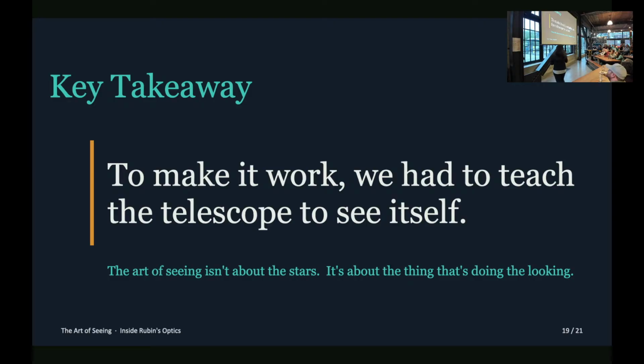So if there is just one takeaway you want to take from how we run Rubin, it's we taught a telescope to look at itself and make the adjustments that are necessary. It's kind of like this great self-contained thing that can give excellent performance at focusing itself.